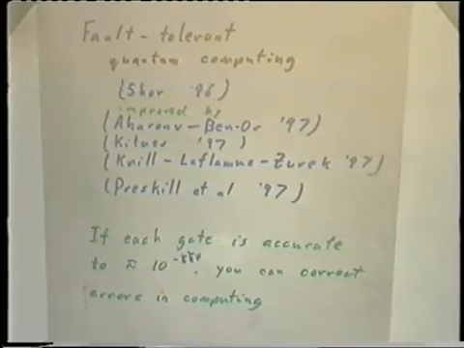But if each gate is accurate to only 50%, it's fairly easy to see that there's no way to correct the errors. So there's some threshold here. And you can ask, what is this threshold, and what kind of phase transition does this really fairly horrible system go through as you go through this threshold?